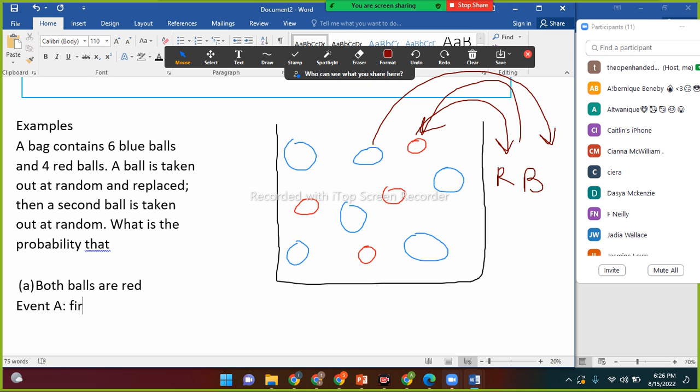If both balls that are taken out are going to be red, Sierra, what color must the first ball be? Red. Exactly, right? So the first one has to be red. And Deja, what must the second one be? Red as well. So second ball is red, and first ball is red.